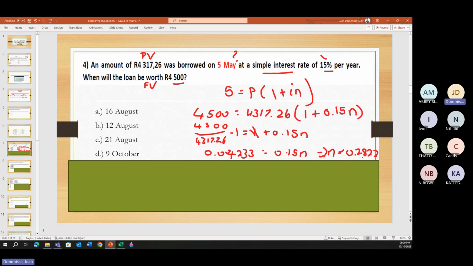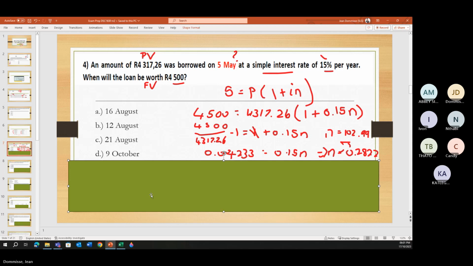If you get n is equal to 0.2822, n is per year, so we will need to multiply the 0.2822 by 365, and then you will get that your n is equal to 102.99. So we know actually that we will round it off to 103.